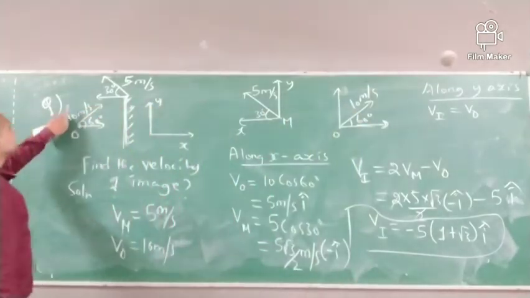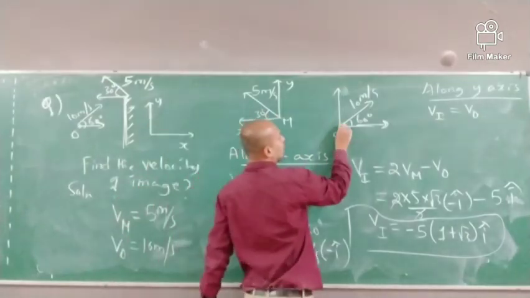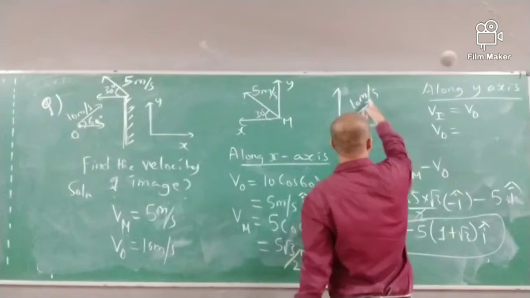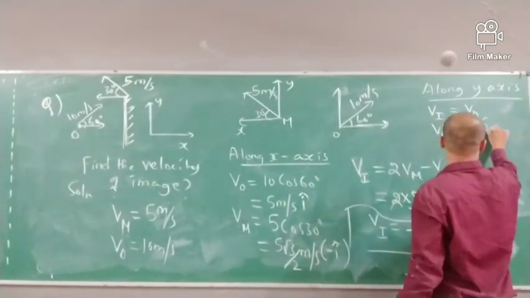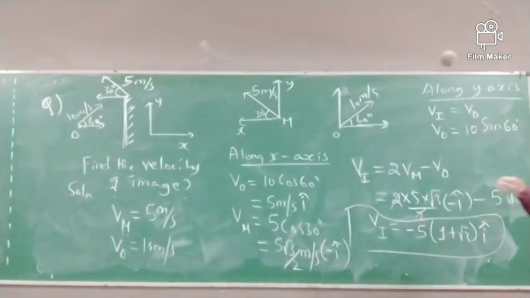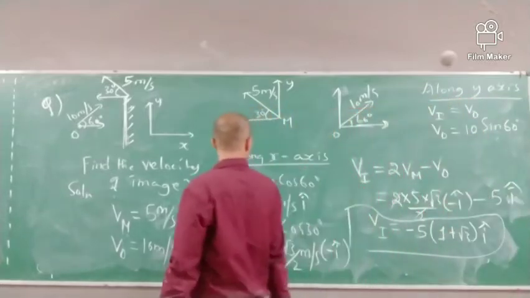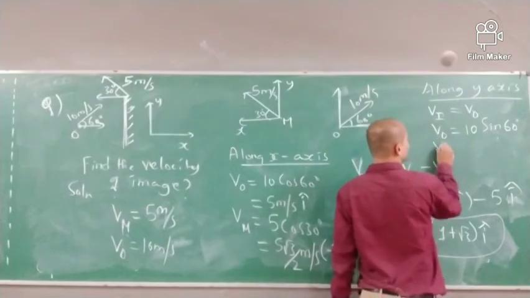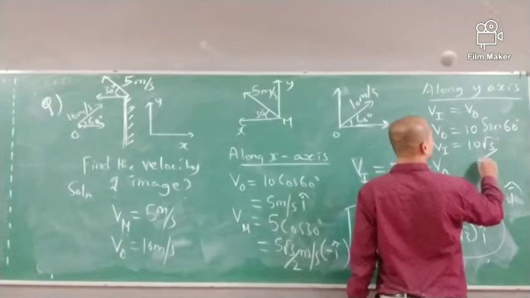What is the velocity of object along y-axis? 10 into sin 60. What is sin 60? Root 3 by 2. So velocity of image will be equal to 10 into root 3 by 2.